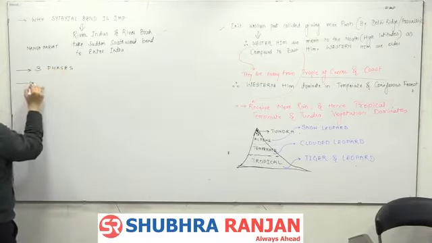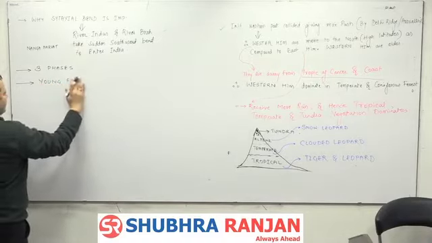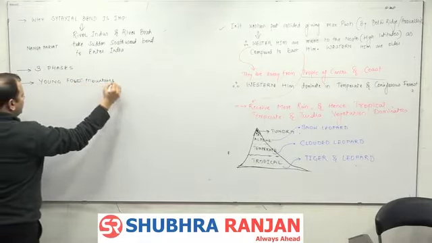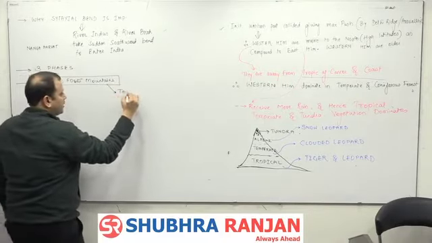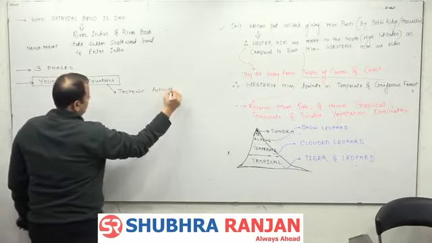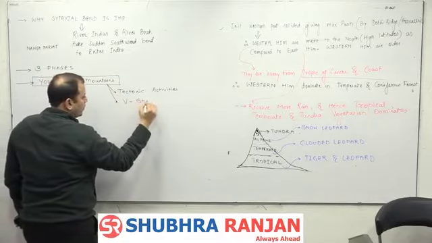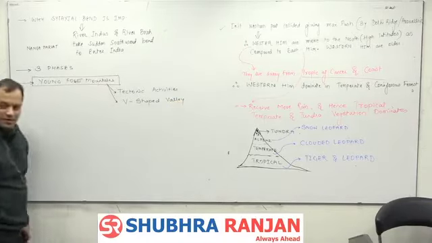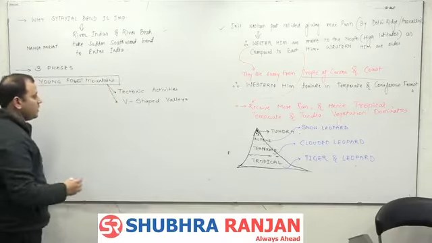After that, we know they are young fold mountains. How do we know they are young fold mountains? Because of tectonic disturbances. Because of V-shaped valleys. Where will V-shaped valleys be? In the regions of upliftment. Deep V-shaped valleys.